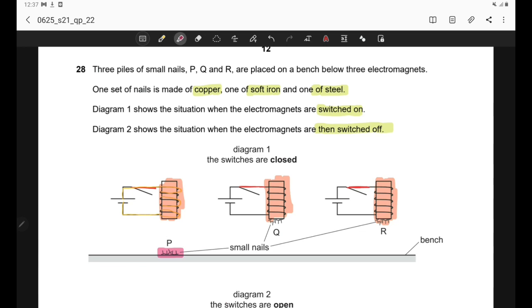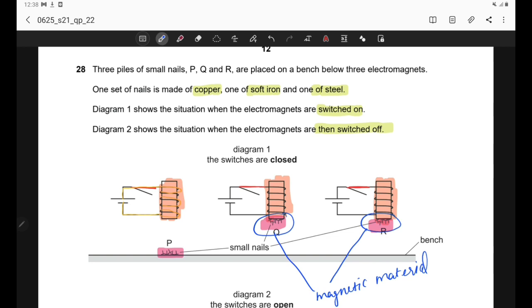Because of this magnetic property, you can see nails Q are attracted and nails R are also attracted to the coils. From this we can understand that these nails Q and R must be made of a magnetic material. Then only these nails will get attracted.